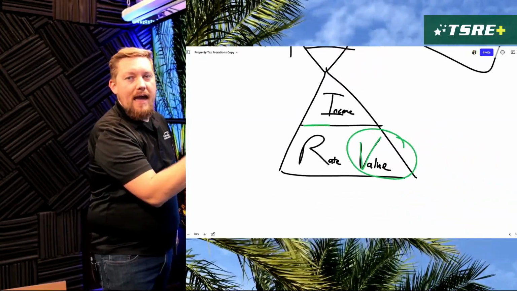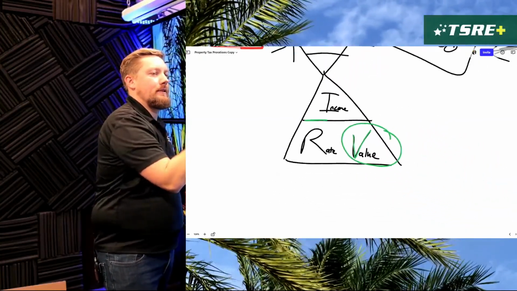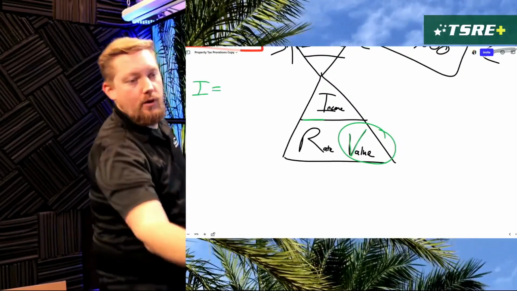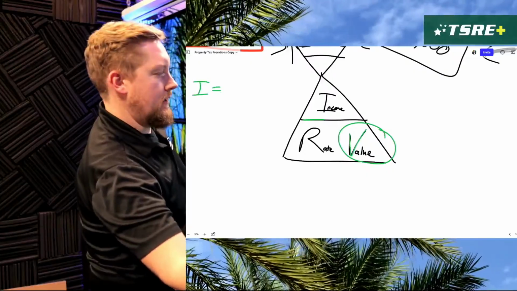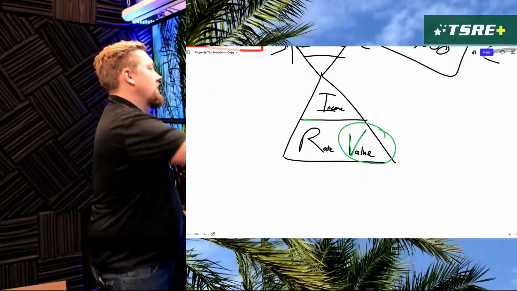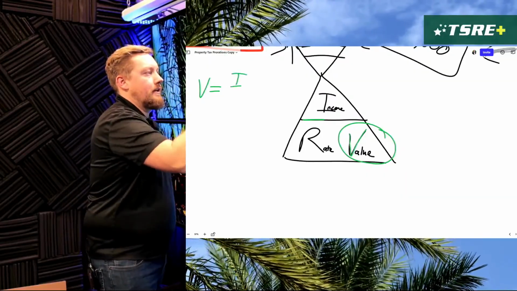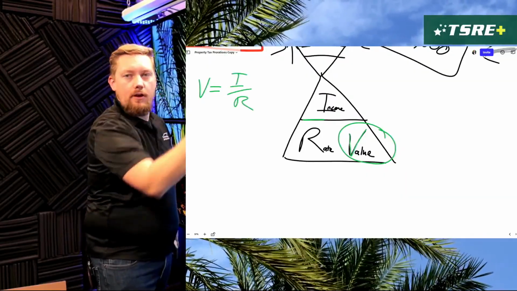So this magic triangle here is the secret to remembering formulas. Value is income over rate.